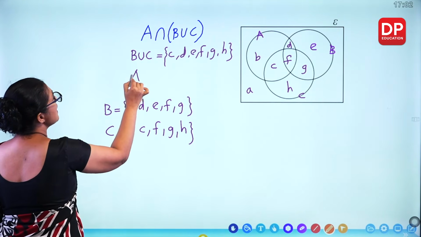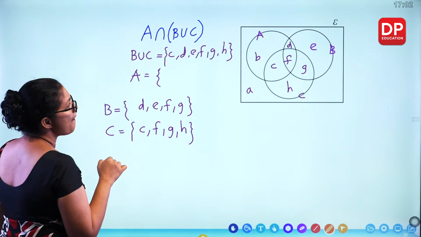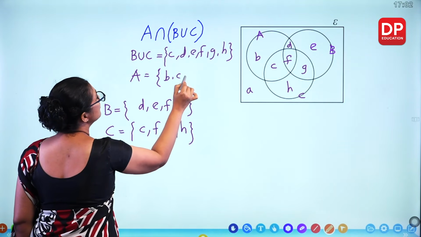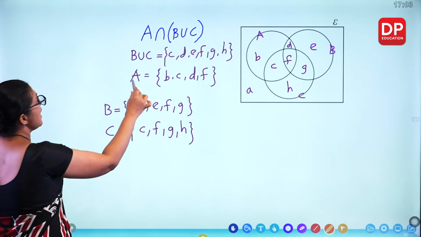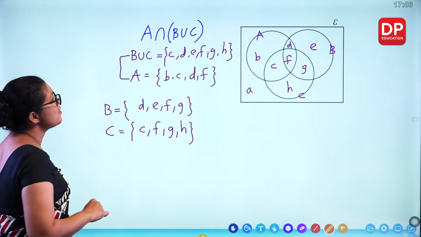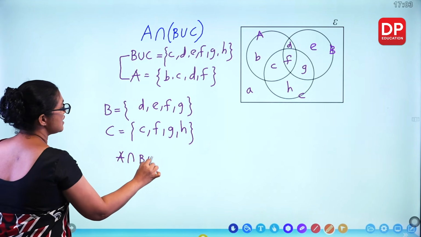What is A? A is B, C, D, F. Now think about A and B union C, the common region for these two. What is A intersection B union C?